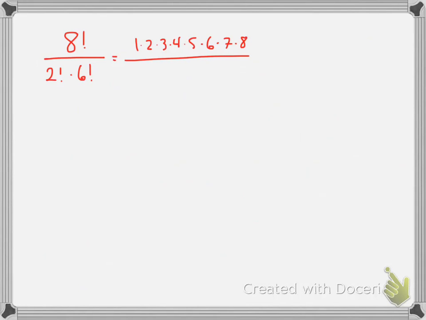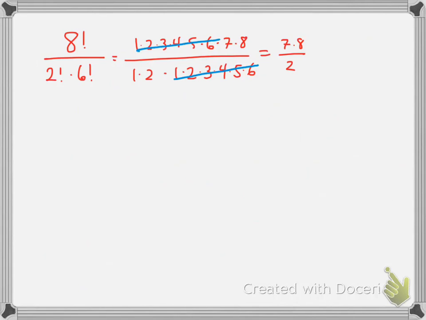And 2 factorial is the same as 1 times 2. And 6 factorial is the same as 1 times 2 times 3 times 4 times 5 times 6. Because of the rules of division, I can reduce 1 through 6 on the top and bottom, and I'm left with 7 times 8 over 1 times 2, which is just 2.